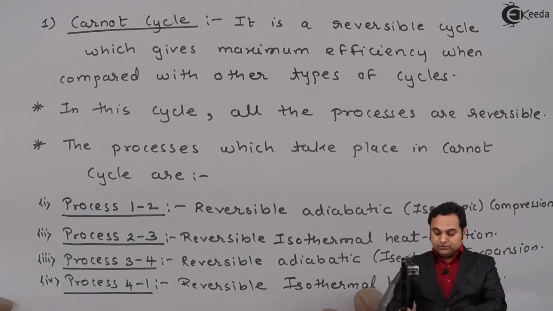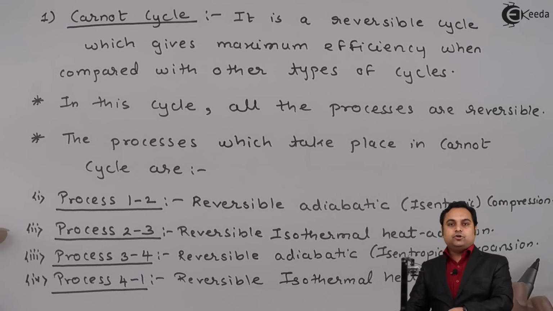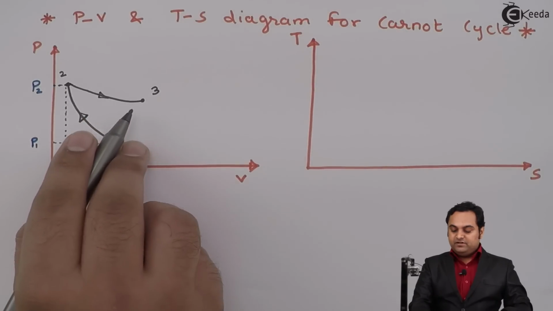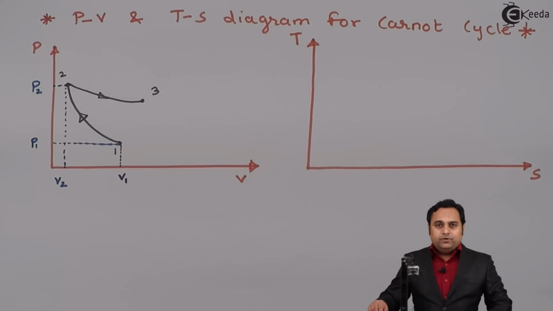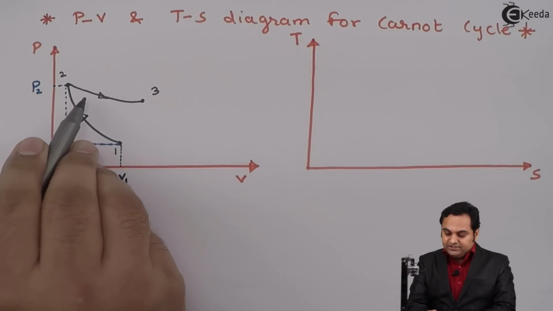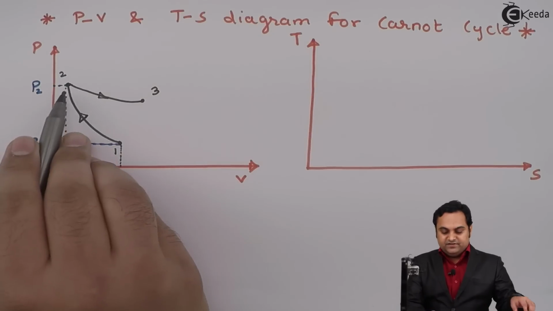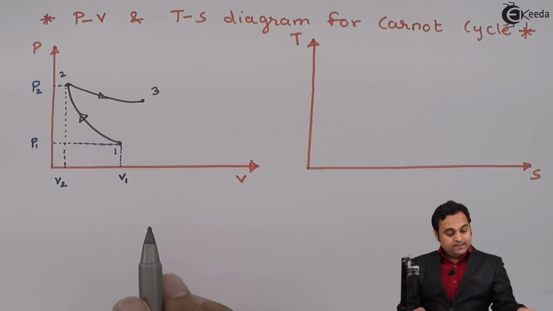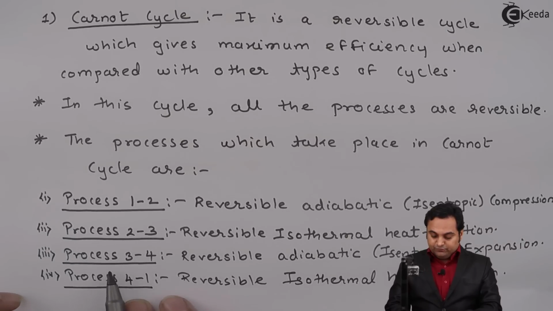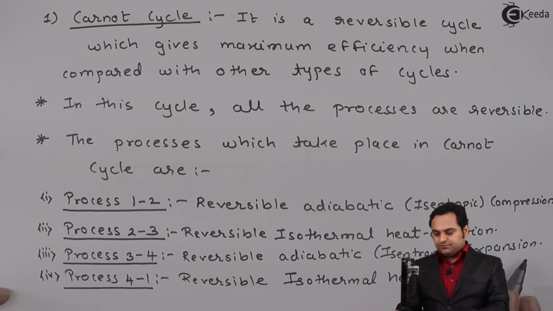Next, process 3 to 4 is reversible adiabatic, that is isentropic expansion. So after the heat addition process there will be expansion process. So now process 2 to 3 is heat addition, and this is isothermal curve because the process is reversible isothermal heat addition. Next, after that, process 3 to 4 is reversible adiabatic, that is isentropic expansion.